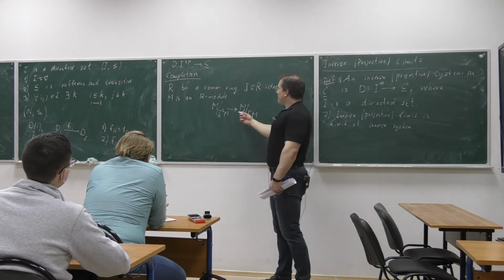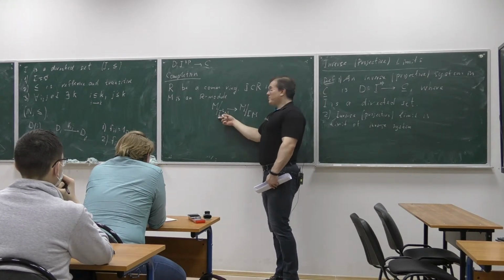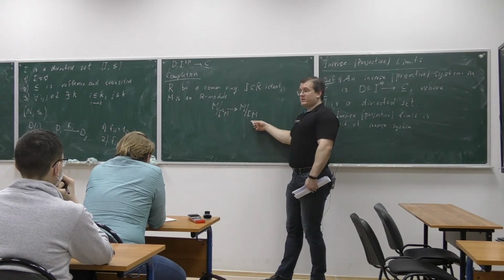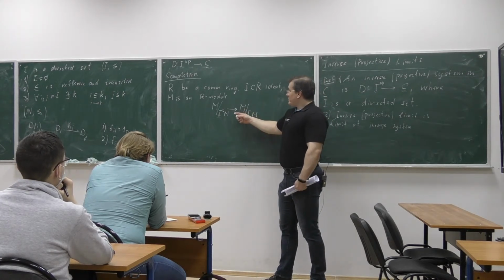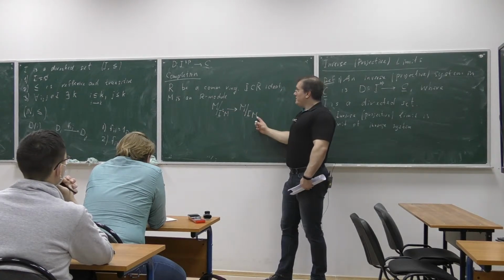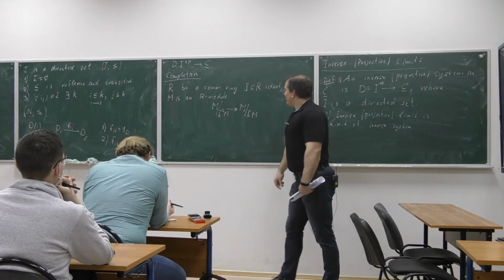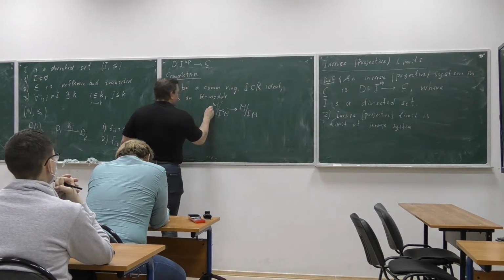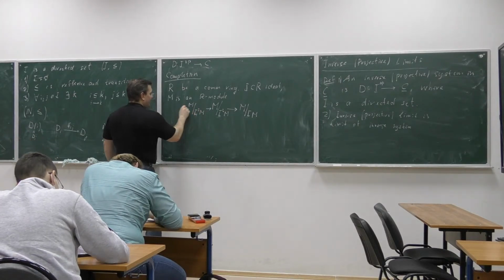Well, the observation here is that you have this I squared M, and this is a submodule in the IM, right? Because I squared is a subideal in the I. Hence, there is a projection, which is just a quotient by IM, which is considered as a submodule inside M modulo I squared M. Okay, and then we just continue doing this.